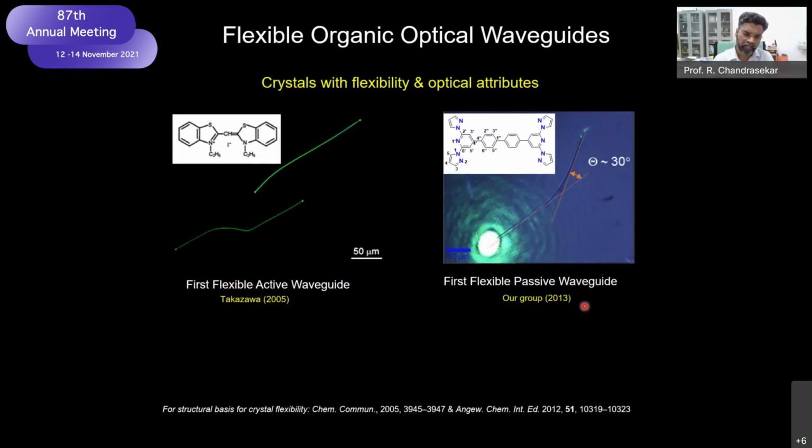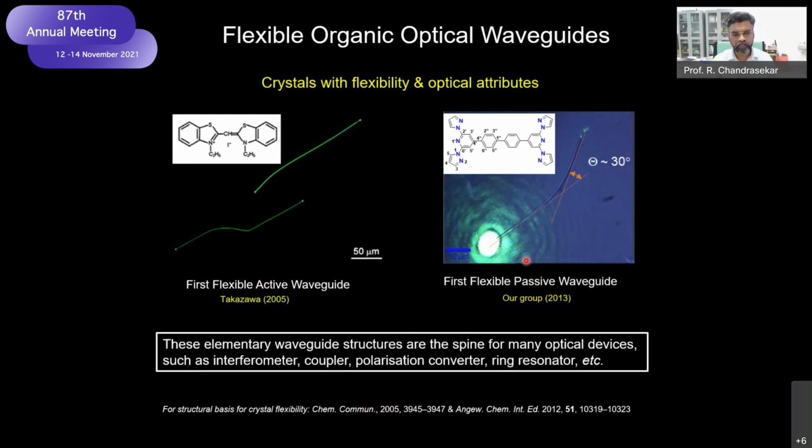For a detailed understanding of the structural bases responsible for crystal flexibility, you can look at the papers published by Professor Desiraju and Malla Reddy around the same time these optical waveguides were published. And these elementary waveguide structures are very important.